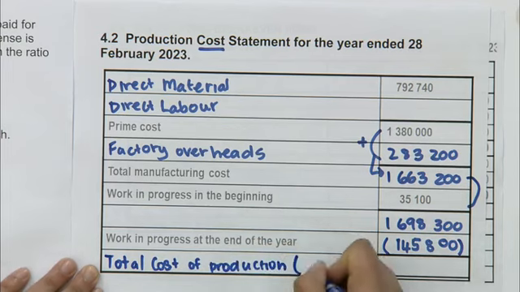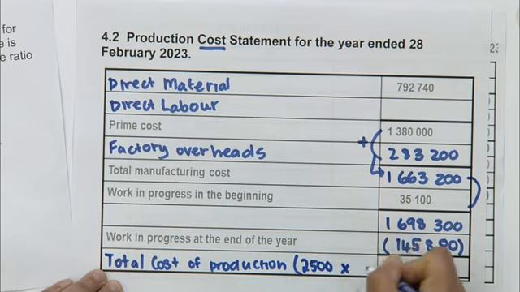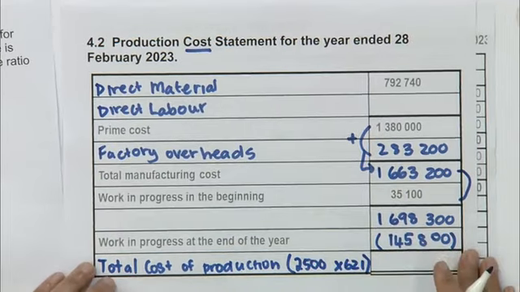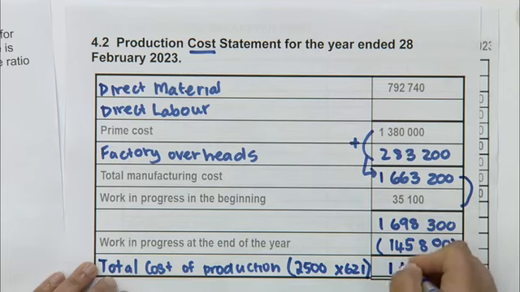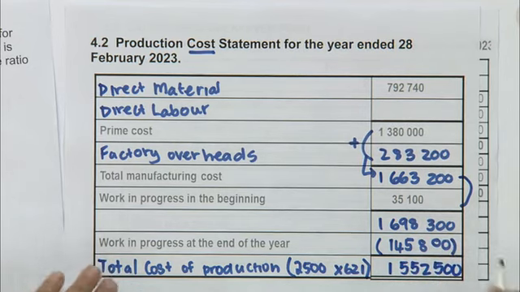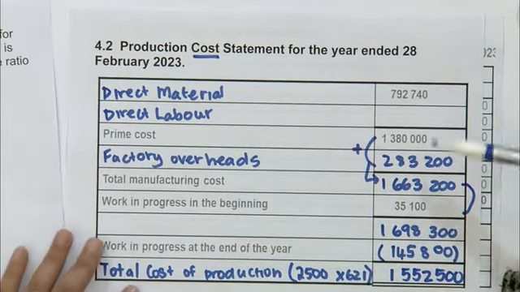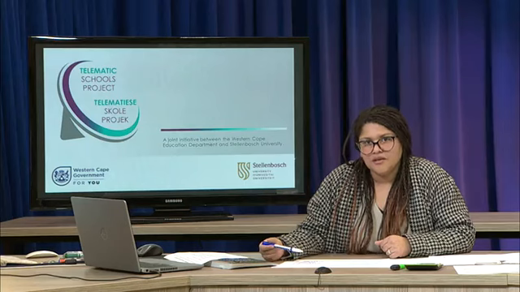Right, and how are we going to calculate it? We're going to say 2,500 times 621, and that amounts to, I just want to give you a couple of seconds to calculate it, 1,552,500. Okay.